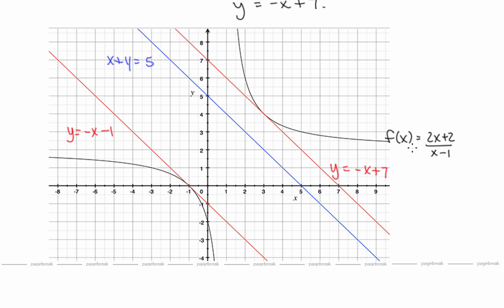So we were given f of x equals 2x plus 2 over x minus 1. And we were given this line, x plus y equals 5, the blue line here, and we were asked to find the points at which the tangent line to the curve is parallel to the given line. So we found that that happens at x equals 3 and at x equals negative 1.